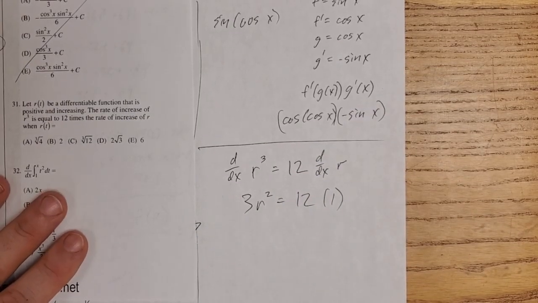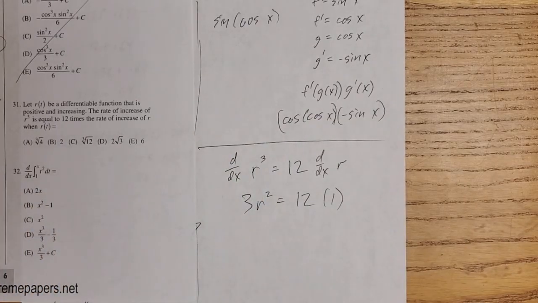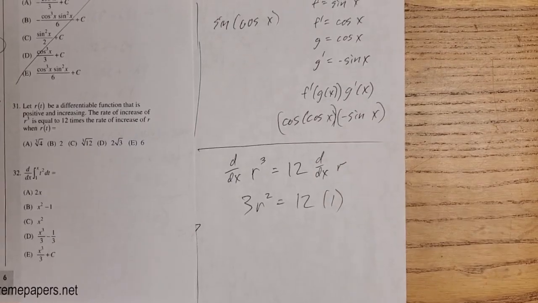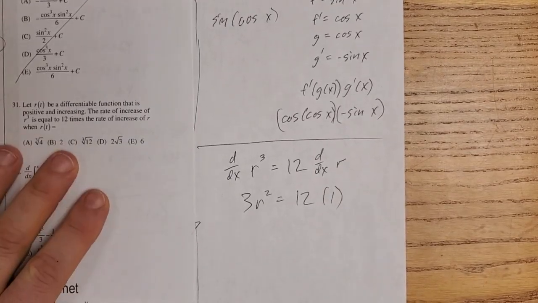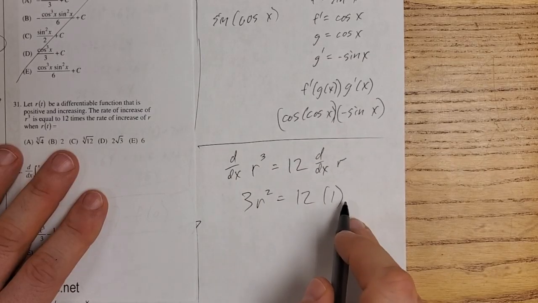And, yes, we're using r to stand in for some entire function. We don't even know what that function is. We don't know how we would take the derivative of that function, but just do it this way, and it still works. So you have 3r squared equals 12.